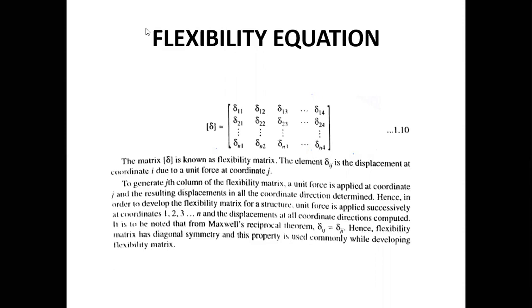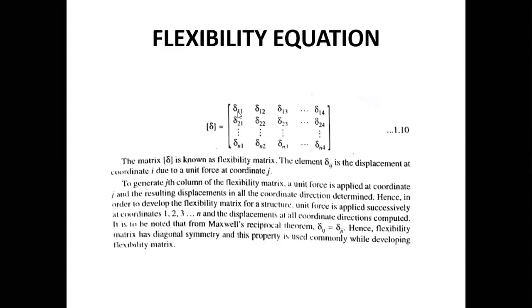This is a simple equation of the flexibility matrix. This is a delta matrix del, and the matrix del is the complete set of each displacement coordinates, say del 11, del 12, del 13, del 14.